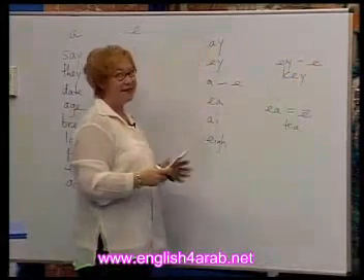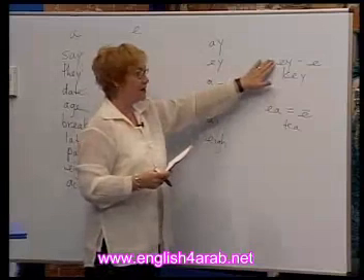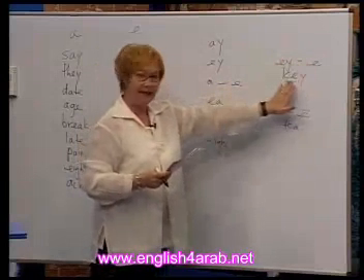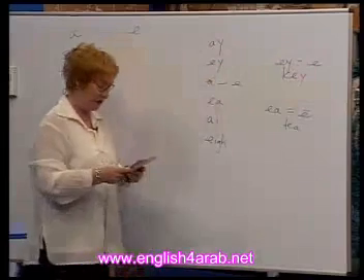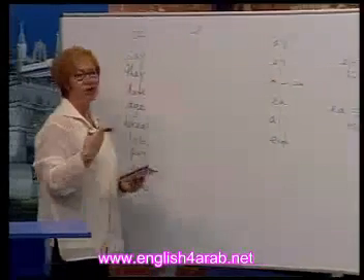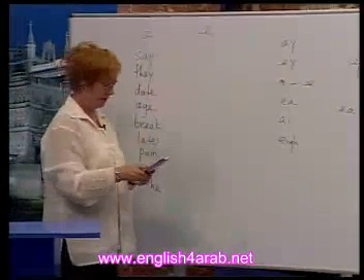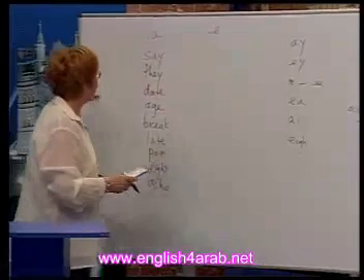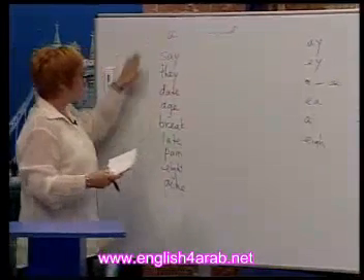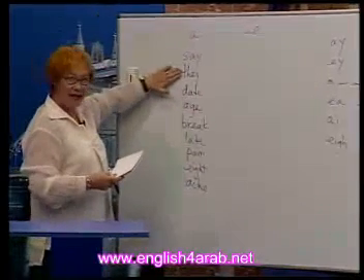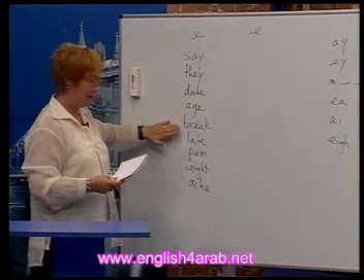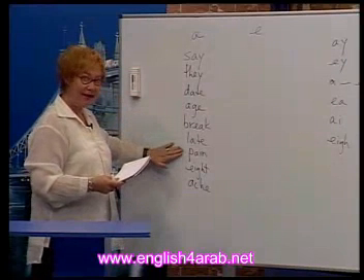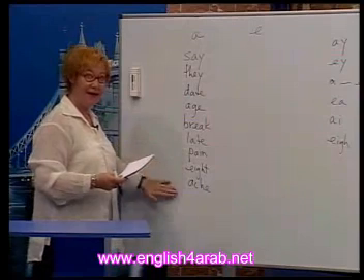This is a little bit difficult. Sometimes EY is E, like key. Sometimes EY is A. Now, you have to learn the sounds and the spelling. All right. Now, again, we have say, they, date, age, break, late, pain, ate, and ache.